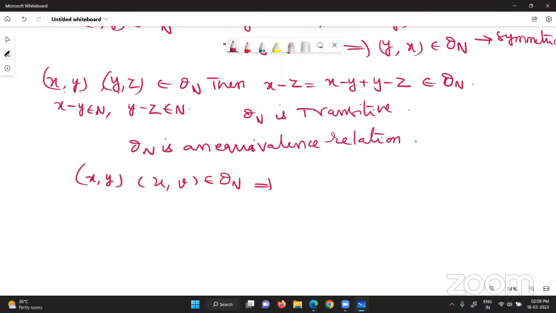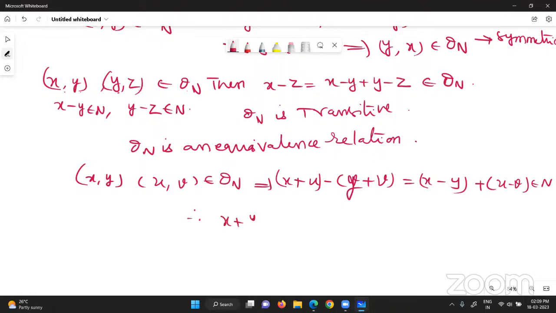So tell me, what is (x plus u) minus (y plus v), which is (x minus y) plus (u minus v), and it belongs to n. Therefore, you have (x plus u, y plus v) belongs to theta n.